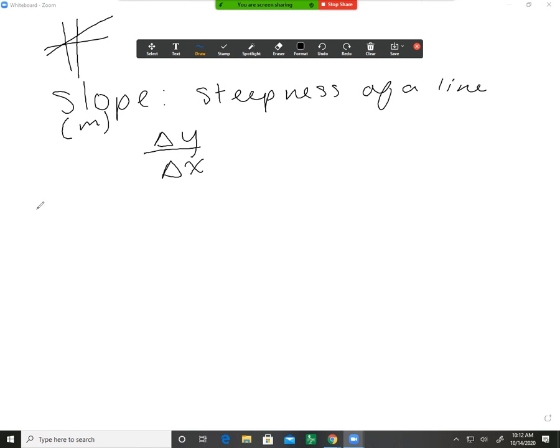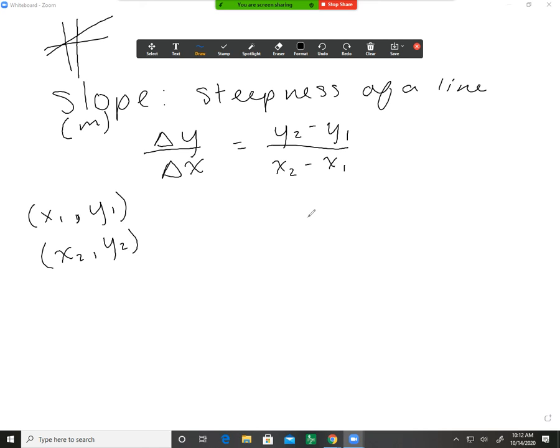If our 2 points on a line are x sub 1, y sub 1, which just means point 1's x and point 1's y, and another point x sub 2, y sub 2, our slope is the change in y, y sub 2 minus y sub 1, over the change in x, x sub 2 minus x sub 1.